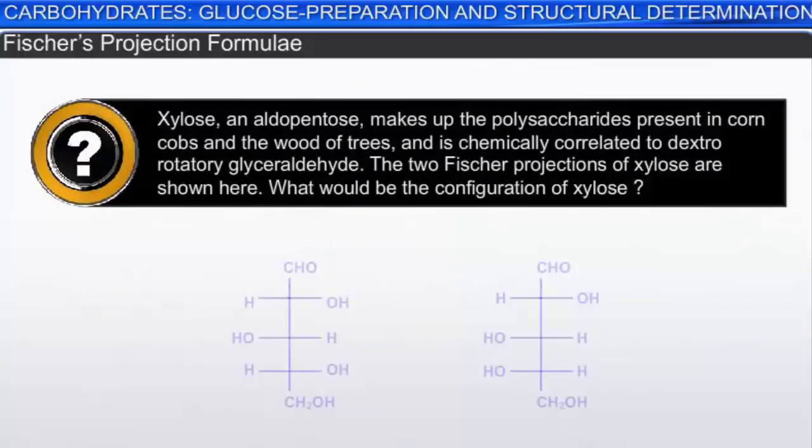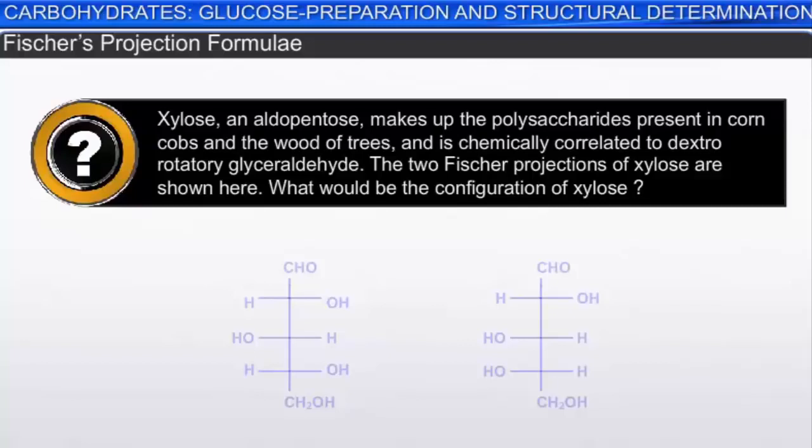Here is a problem for you to try. Xylose, an aldopentose, makes up the polysaccharides present in corn cobs and the wood of trees, and is chemically correlated to dextrorotatory glyceraldehyde. The two Fischer projections of xylose are shown here.